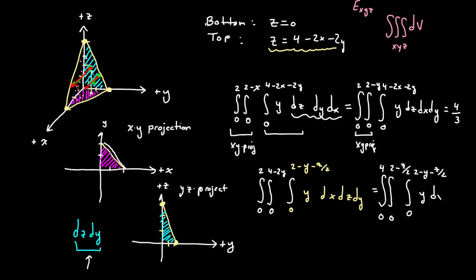That goes dx, and then dy, dz. And all of these integrals, which end up equaling 4/3, could represent the mass of this solid, where the density at each point is equal to y.